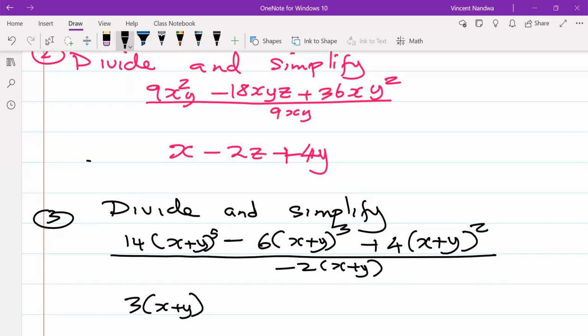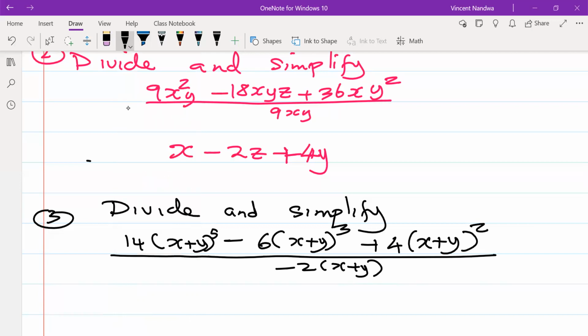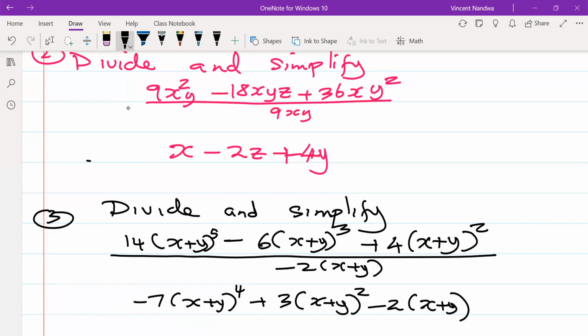The first one is... and then plus... correct. Minus 7(x plus y) to the power 4, plus 3(x plus y) squared minus 2(x plus y). We are simply applying laws of indices.